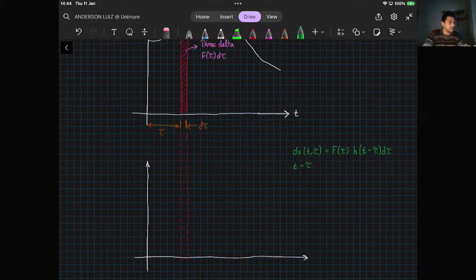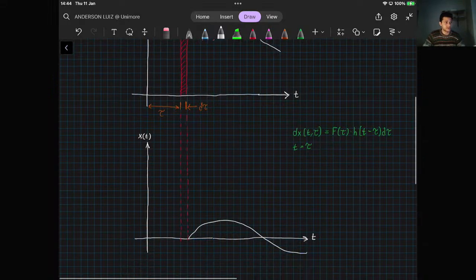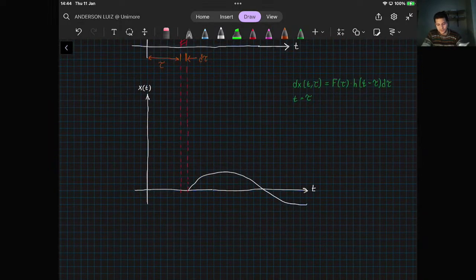This is t, this is x(t). This is in the same case as the first case. This is tau, this is d tau.